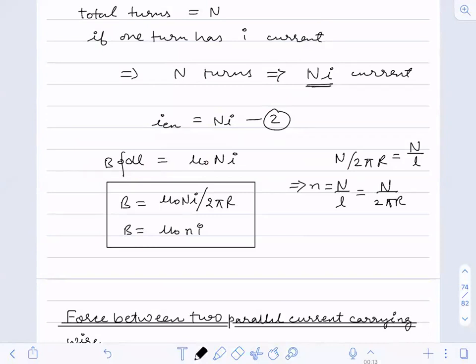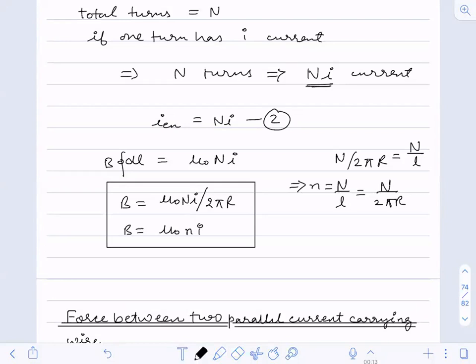It will be 2 pi R, and 2 pi R is the length of the toroid L. So the total number of turns is capital N, and the length is 2 pi capital R. So that is L only. What you are getting now is the total number of turns per unit length, so that is small n. So what you have to actually do is cut the toroid and stretch it, elongate it.